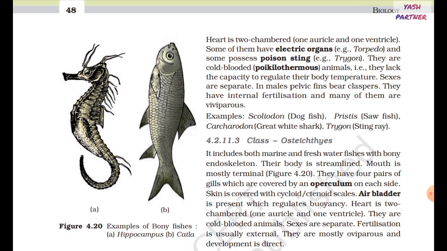They are cold-blooded poikilothermous animals, that is, they lack the capacity to regulate their body temperature. Sexes are separate. In males, pelvic fins bear claspers. They have internal fertilization and many of them are viviparous. Examples: Scoliodon, dogfish; Pristis, sawfish; Carcharodon, great white shark; Trygon, stingray.